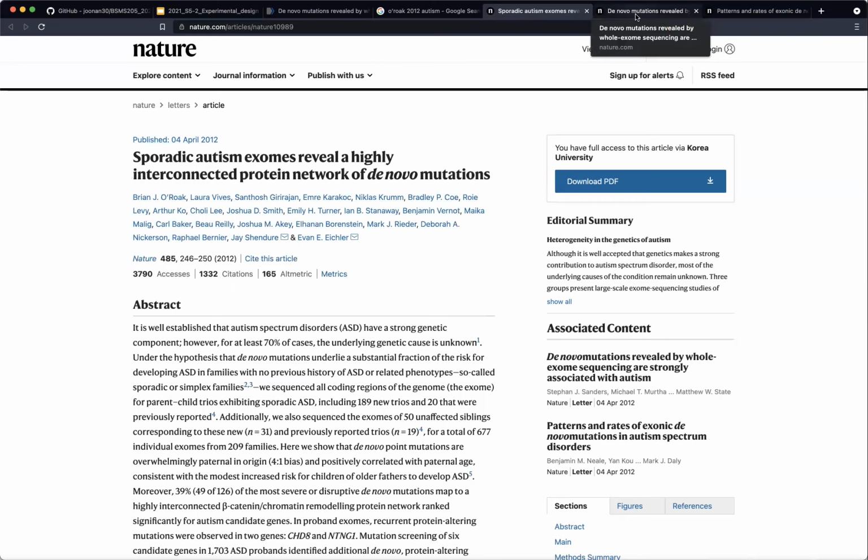Given the history of biological research, this almost never happens in our field. Because of this starting point, people started to think the de novo mutation is doing something in autism or other developmental disorders, and people started extensively studying the cause of de novo mutations in childhood disorders and also related neurological disorders.